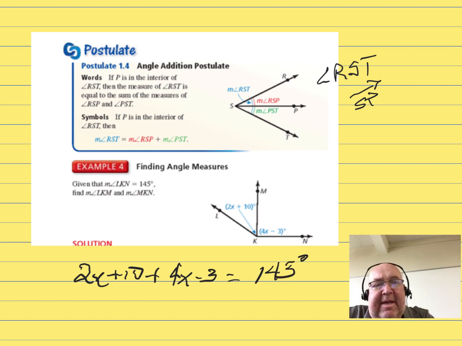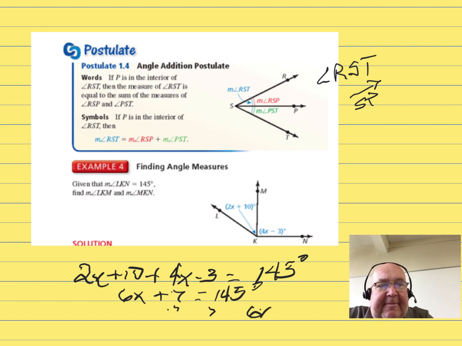We're going to combine like terms, so we get 6x plus 7 is equal to 145 degrees. We're going to subtract 7 from both sides. We get 6x is equal to 138 degrees.